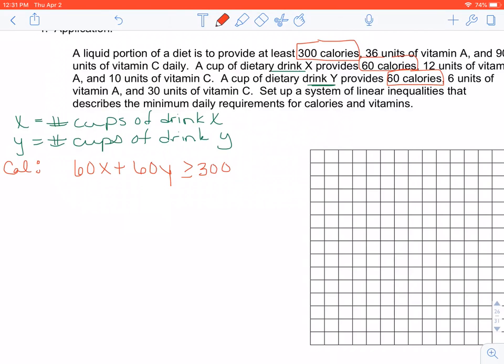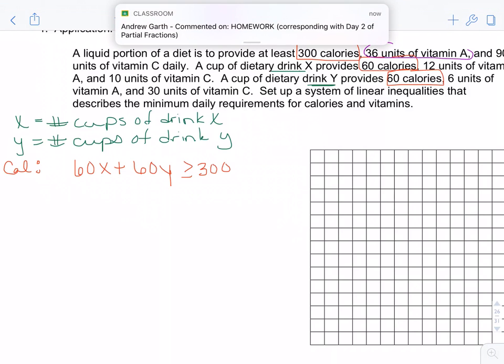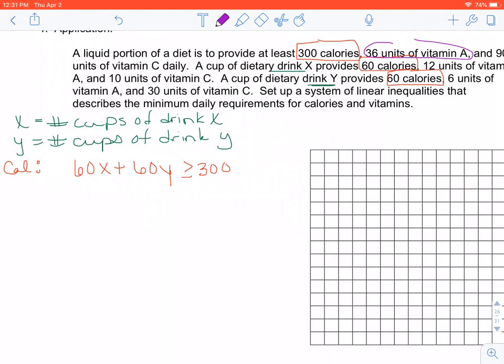So if we use that same format, looking at the second group of information, talking about vitamin A, 36 units of vitamin A, 12 units of vitamin A, 6 units of vitamin A. So again, at least 36 units, at least means greater than or equal to.